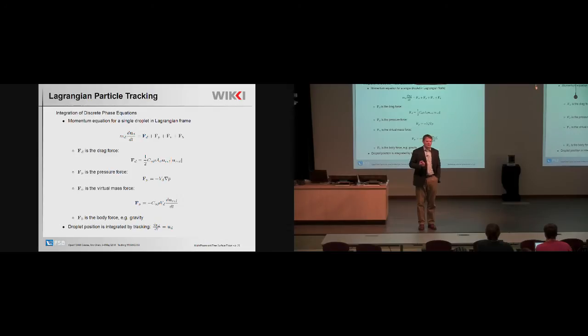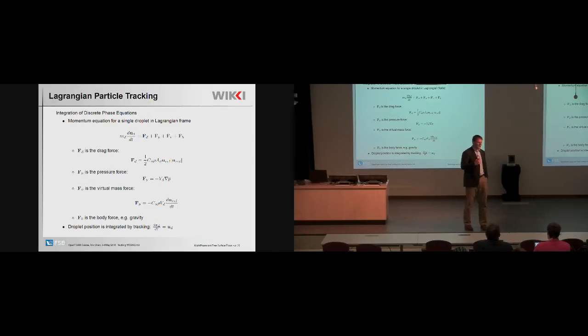Okay? In realistic simulations, like for example, internal combustion engine, diesel spray modeling, the number of individual particles is prohibitively large. Okay? So the number of droplets that you're going to have is of the order of 2 billion, and you cannot afford to track 2 billion particles through the system.